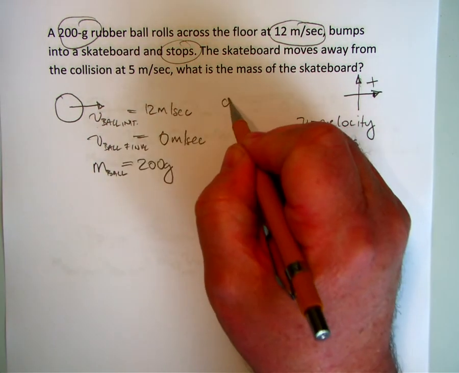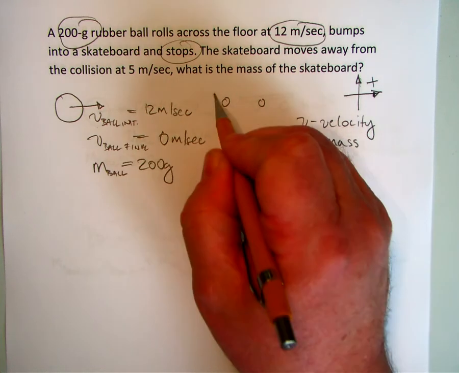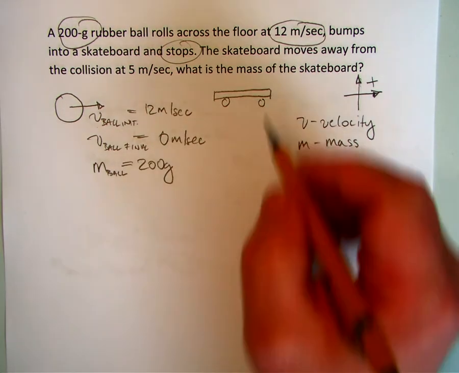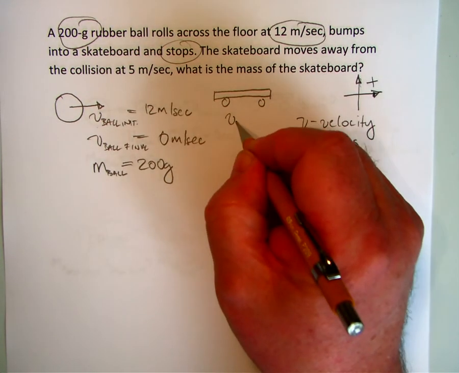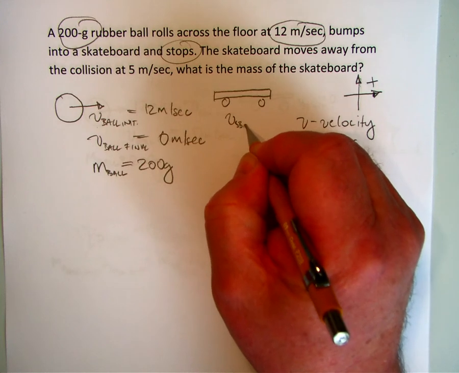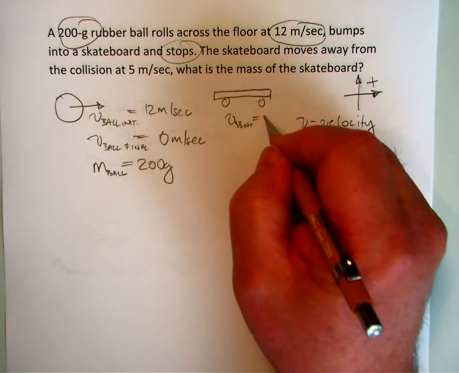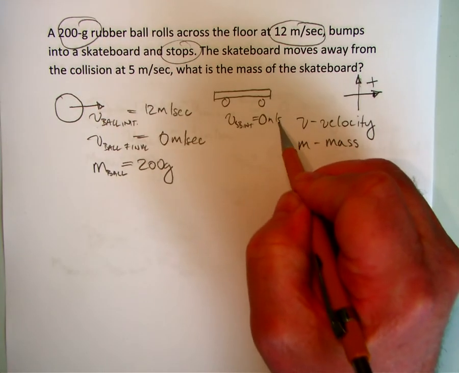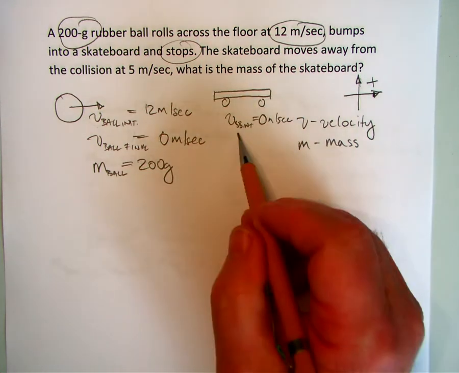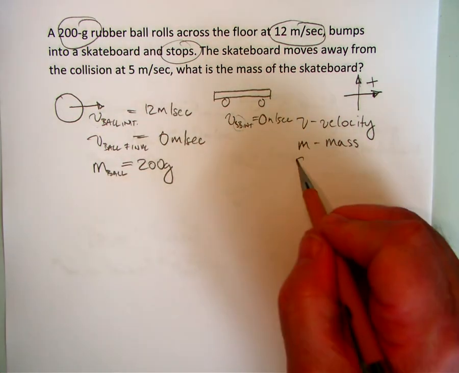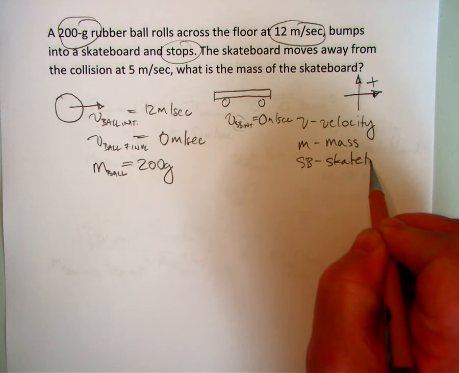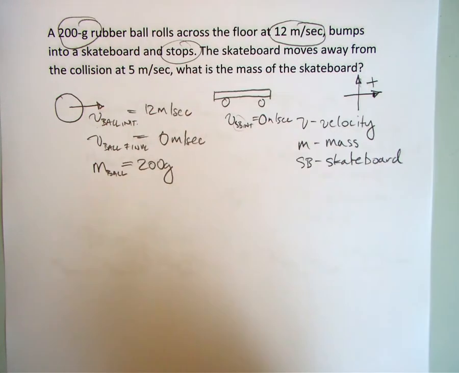Now we're going to start talking about the skateboard. And there's our skateboard. The skateboard initially has a speed of 0 meters per second. Since we abbreviated skateboard, let's be clear and put skateboard over here so we can signify what that SB is.